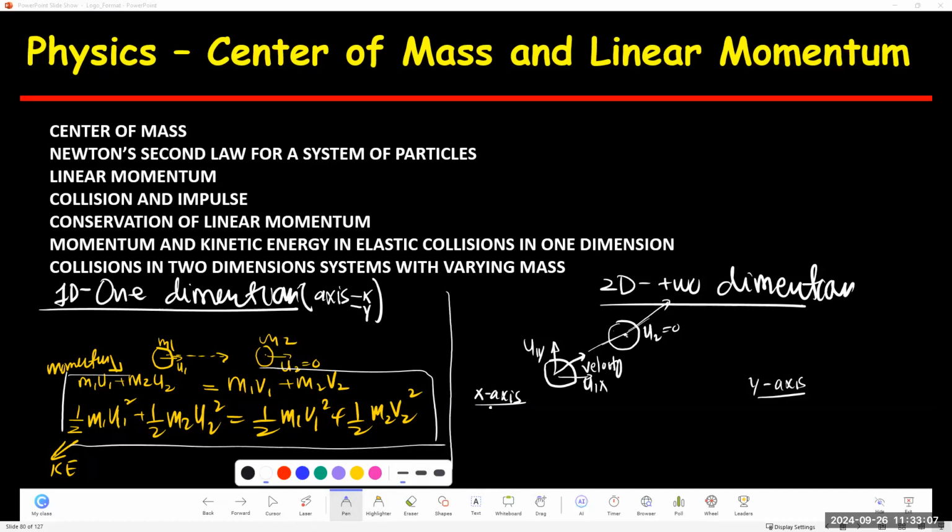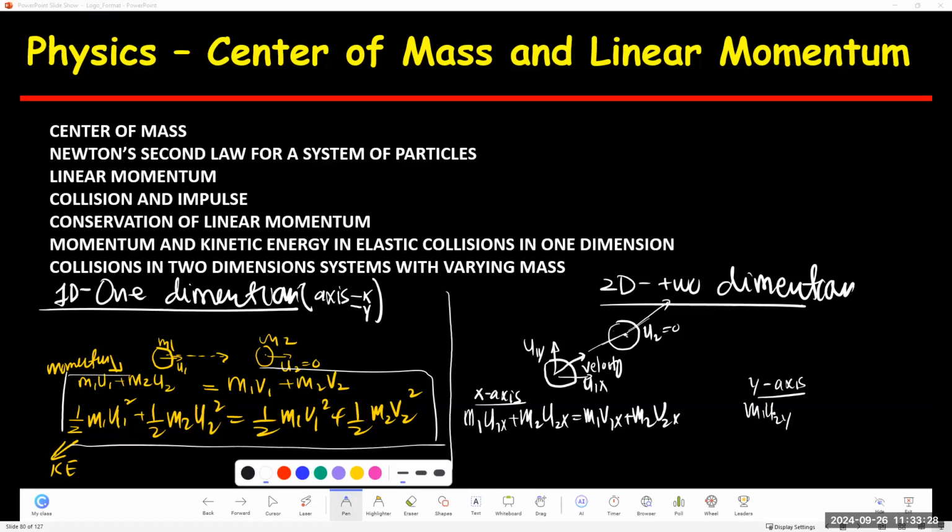So for the two-dimensional equation, I'm going to write m1 u1x plus m2 u2x equals m1 v1x plus m2 v2x. This is along the x-axis, and the y-axis is going to look like this.